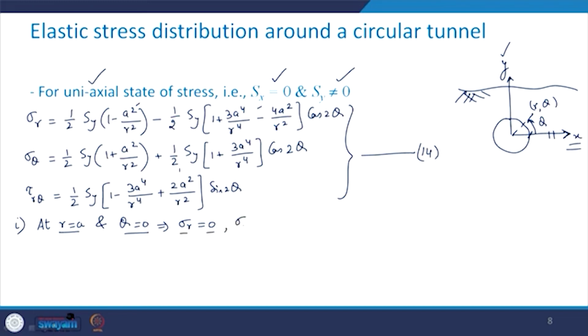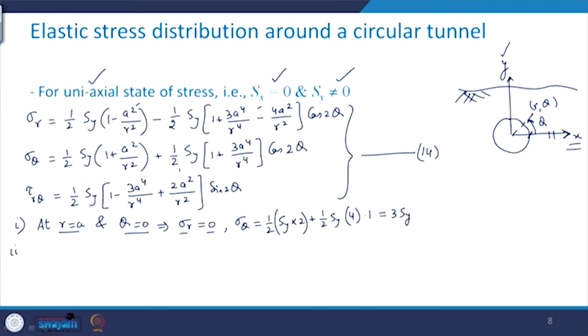Then what will happen to sigma theta? Let us see. Substitute r equal to a here. So, this is what you are going to get, half Sy into 2 plus half Sy into 4, and because theta equal to 0, cos 0 is 1. So, you are going to get this as 3 Sy.